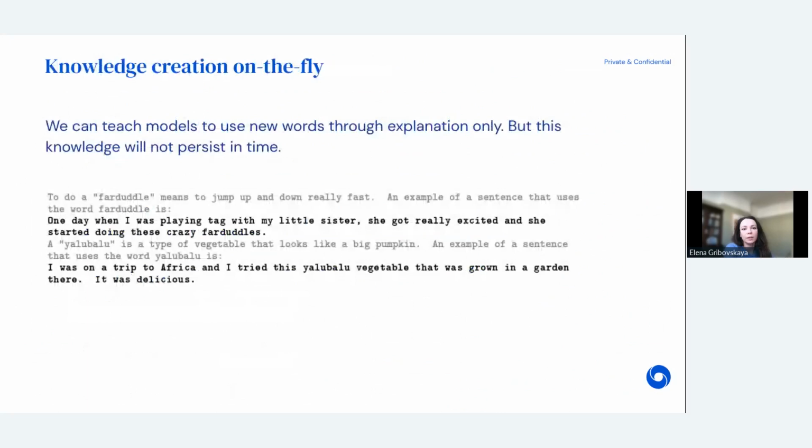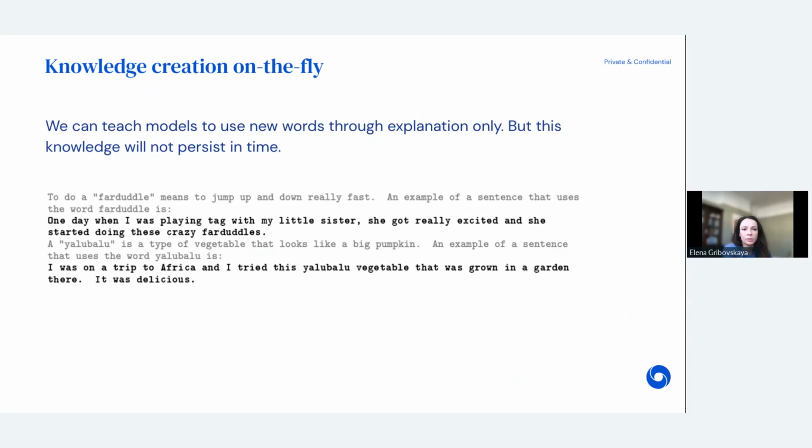Another interesting feature of GPT-3, and of in-context learning, is that the model can learn to use new words through explanation only, but this knowledge does not persist beyond the prompt time.